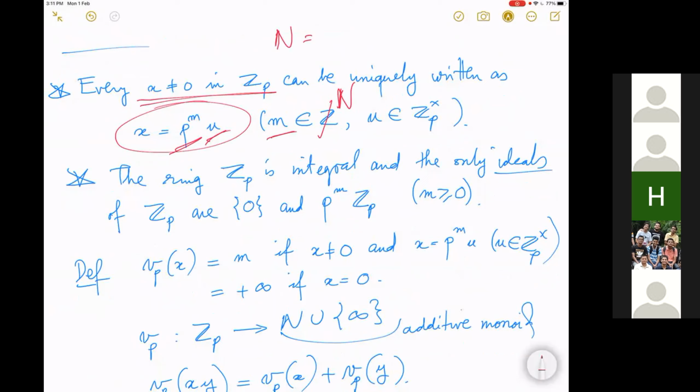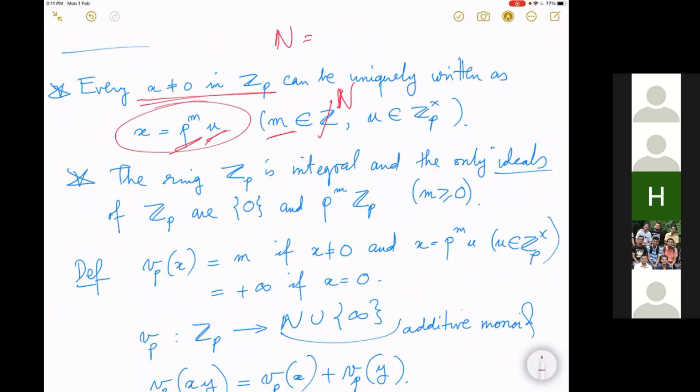So if you have heard this terminology, this amounts to saying that p is the only irreducible element in this integral ring Z_p.